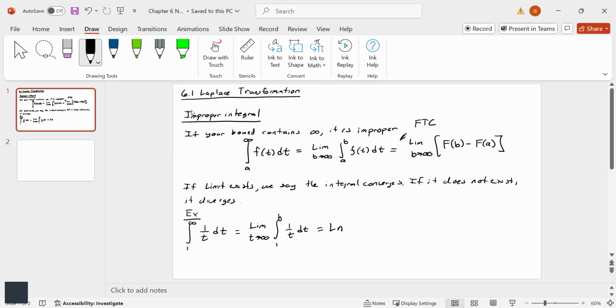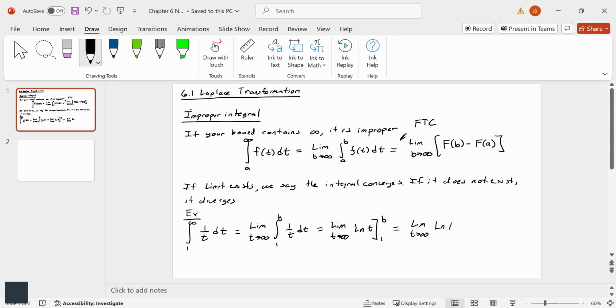But because the boundaries are 1 to infinity, i.e. positive numbers, I don't need the absolute value. Can't forget to write the limit. Then we're going from 1 to b, and we plug in b, so the limit as b approaches infinity of the ln of b.